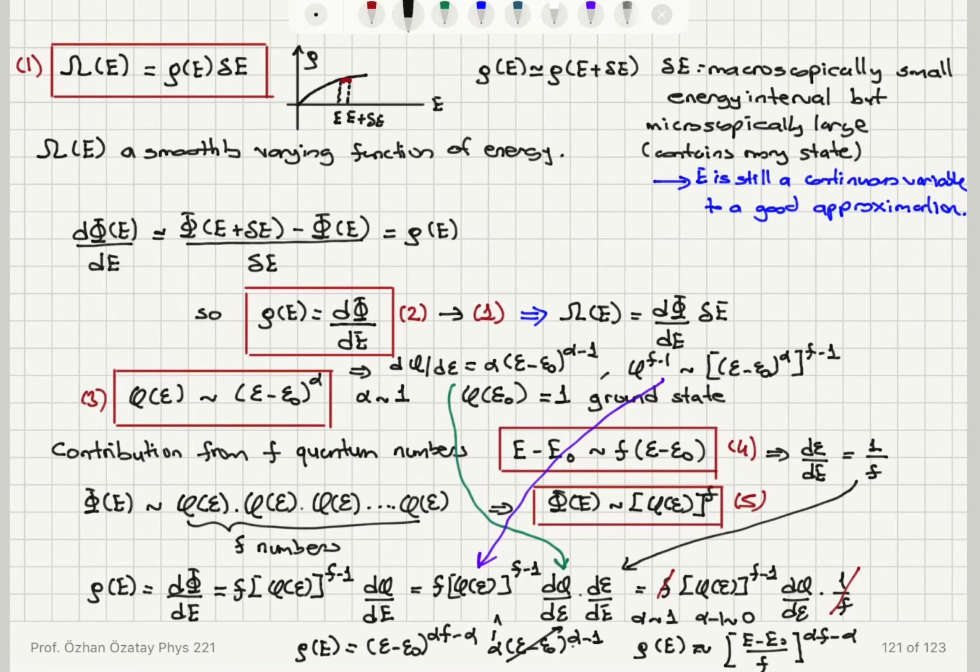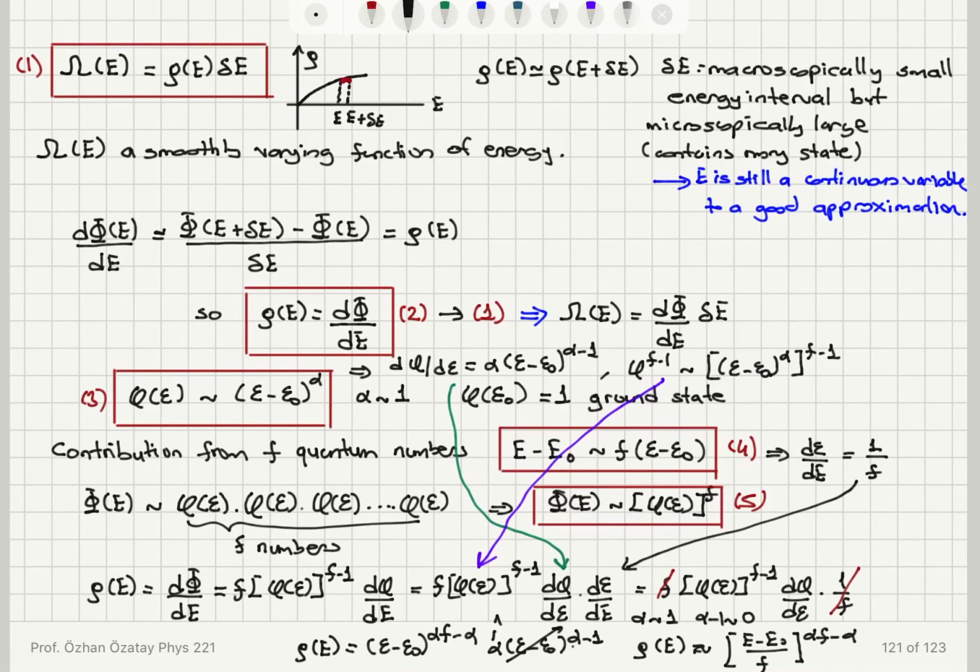And third, what are the possible values of a quantum number when its associated energy is less than epsilon? Well, if its associated energy is epsilon 0, it can only have one value, the minimum possible value. As we increase the energy contribution epsilon, the total number of values this quantum number can take will scale as epsilon minus epsilon 0 to some power alpha of the order of 1.